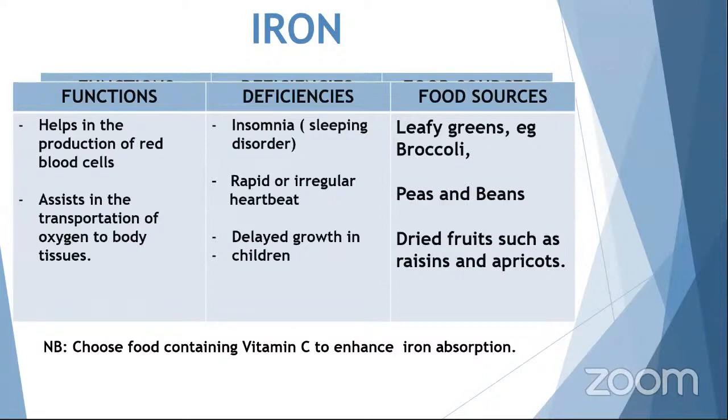Food sources of iron. Leafy greens, example, broccoli, peas, beans, dried fruit, such as raisins and apricots. And remember, you should eat foods containing vitamin C to enhance iron absorption.